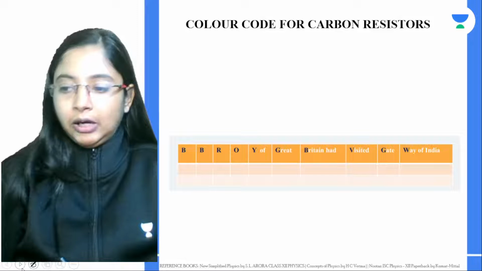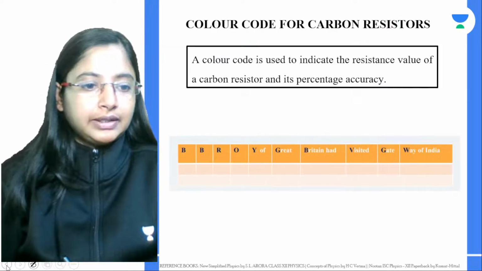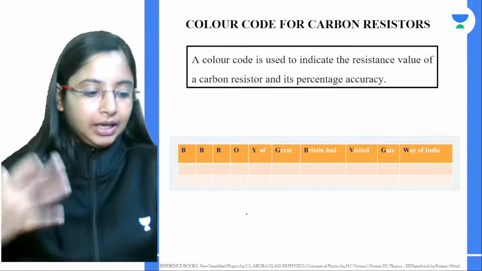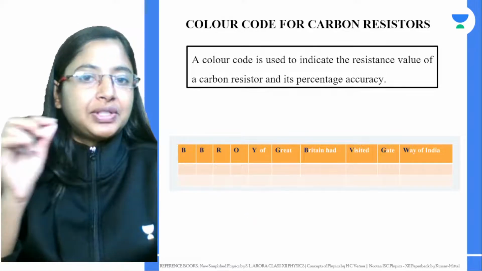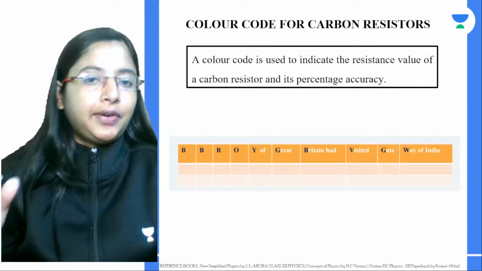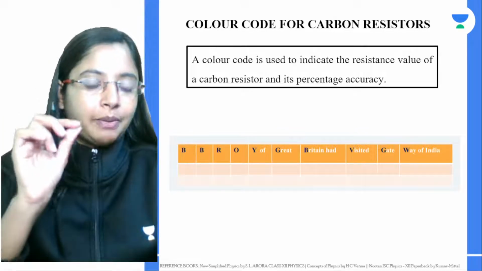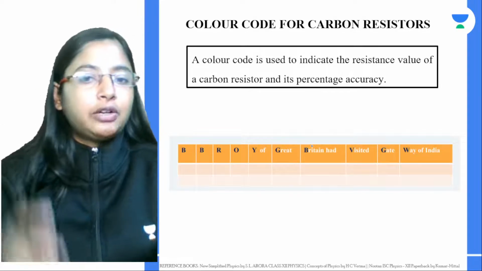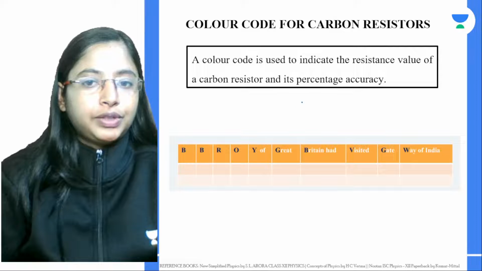Now if you see a resistor, usually all of the resistors will be color coded. We don't use numbers, but we use color codes. Why? Because if you're using numbers, during transportation or anything, the ink or numbers written on it might get erased.